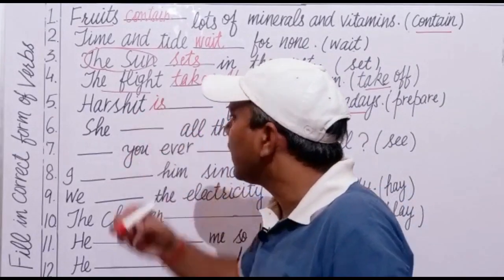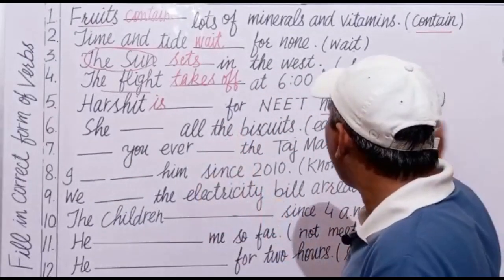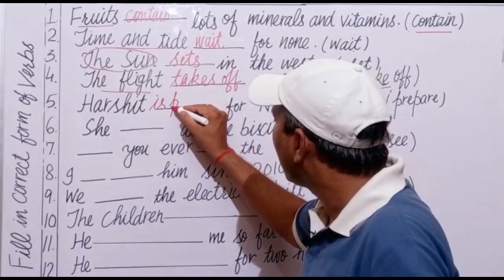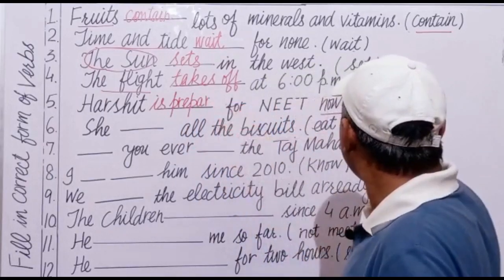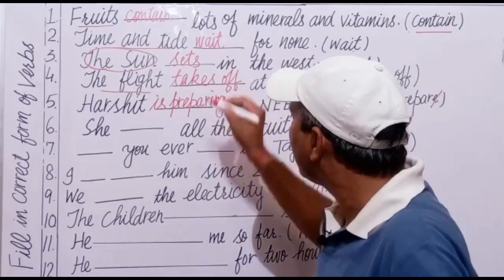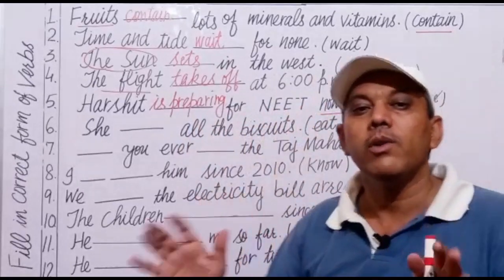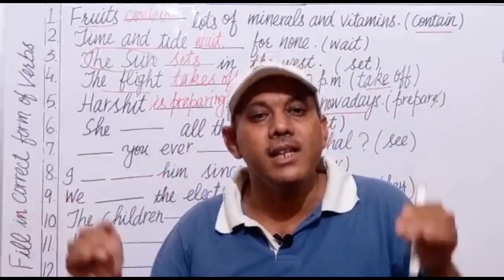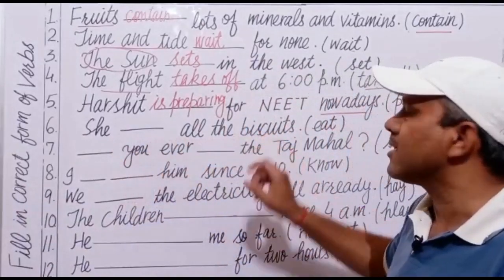We shall use is for present continuous tense and add ing to prepare: P-R-E-P-A-R, we will remove this E and add ing. Harshit is preparing for NEET nowadays. Nowadays means these days.